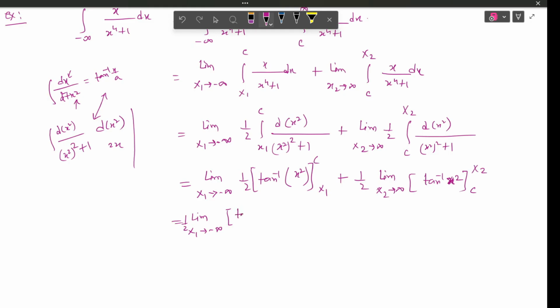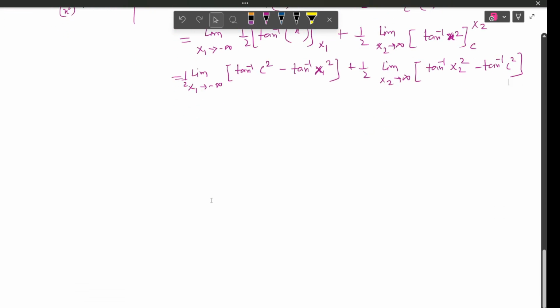So it would be tan inverse of c square minus tan inverse of x1 square, plus half of limit x2 tends to infinity, tan inverse of x2 square minus tan inverse of c square.